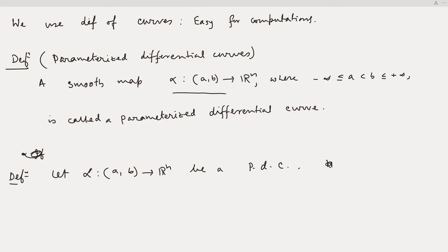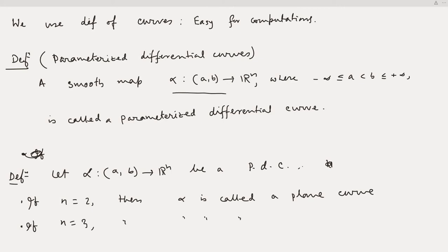Then if n equals 2, alpha is called a plane curve. And if n equals, let's say, 3, then alpha is called a space curve.